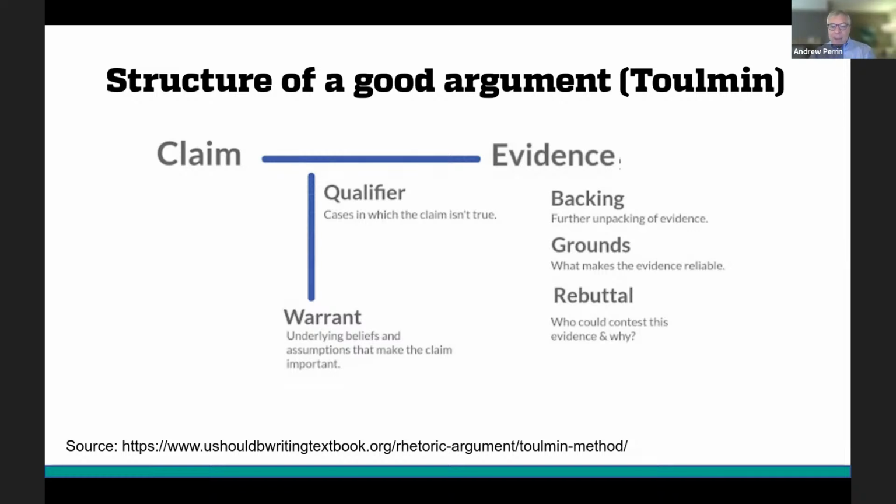And I think we pay way too little attention to warrant structures in American public discourse, both in our attempts to make arguments and in our attempts to refute arguments from people we disagree with. And so my advice often to people trying to make better arguments online is that they pay attention to the warrant structure of their opponents.